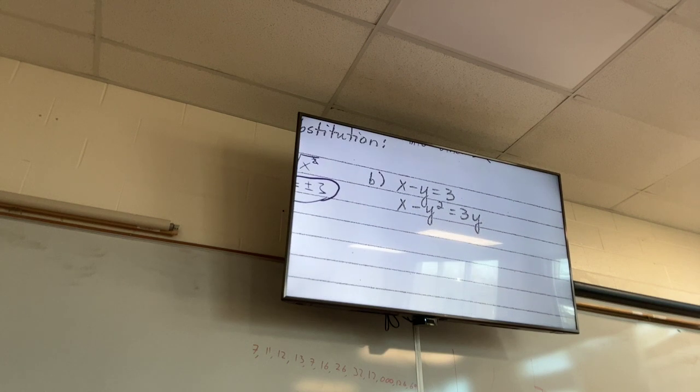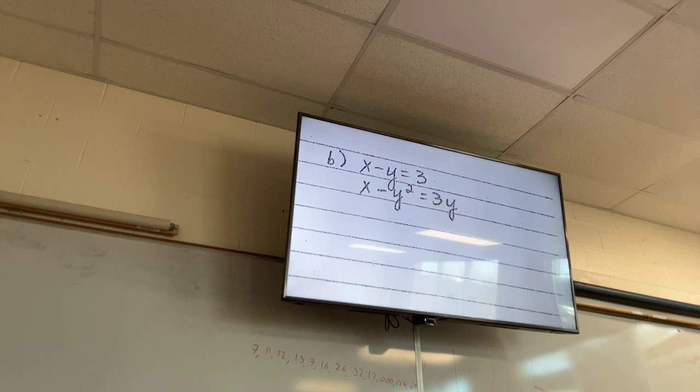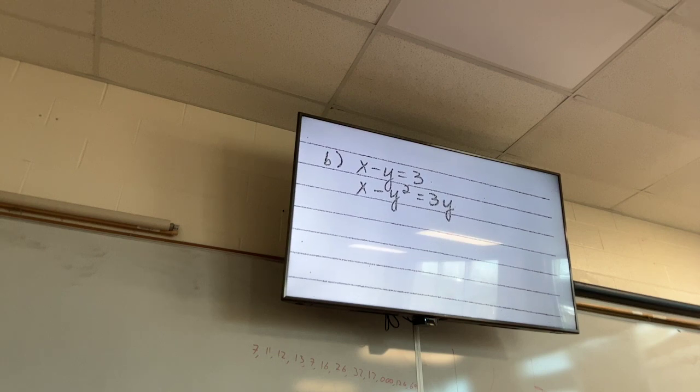All right. So we can't get one variable by itself here, right? But we can get y by itself. So, yeah, we can, sorry. So x minus y equals 3, right? We can just add y to both sides. We get x equals 3 plus y. Subtract 3 from both sides, x minus 3 equals y. Okay.